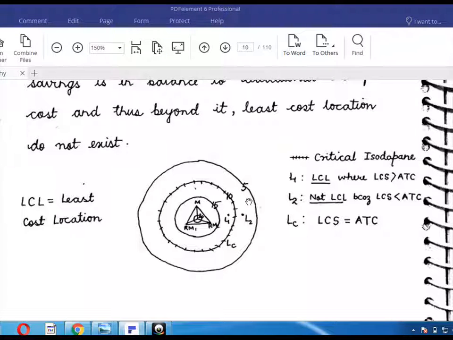Here is the critical isodapane. At L1, the LCL, labor cost savings are greater than additional transportation cost. At L2, which does not belong, labor cost is less than additional transportation cost. At the critical isodapane, labor cost is equal to additional transportation cost.